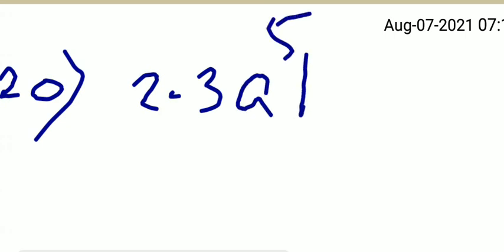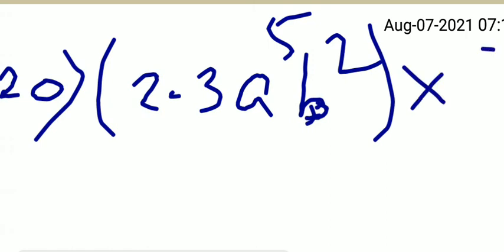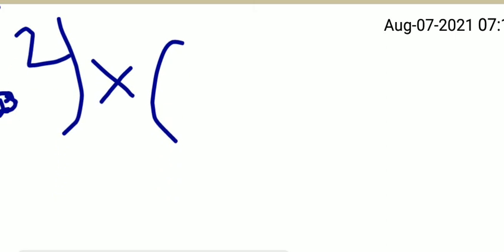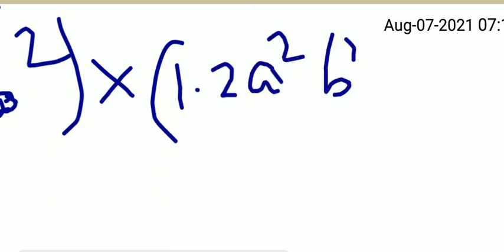First you have to write the question: 2.3 a to the power 5 b square into 1.2 a square b square, when a equals 1 and b equals 0.5.